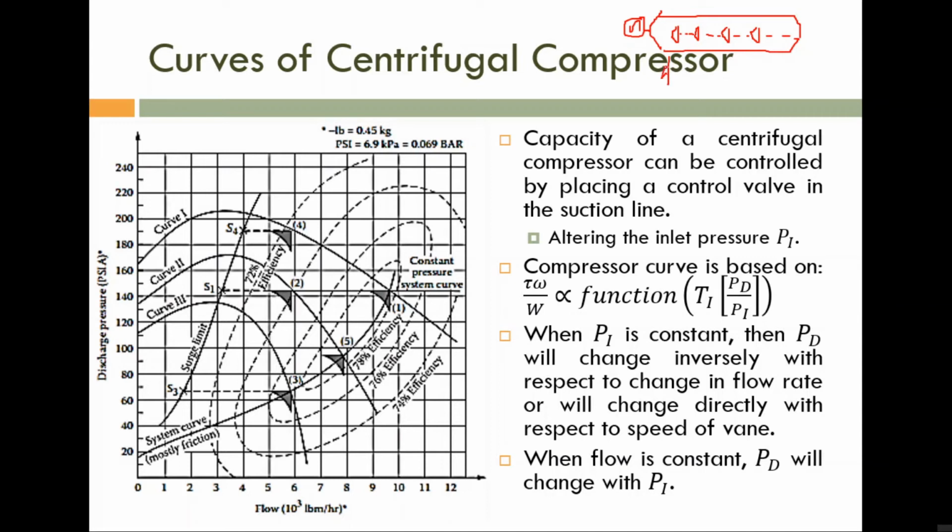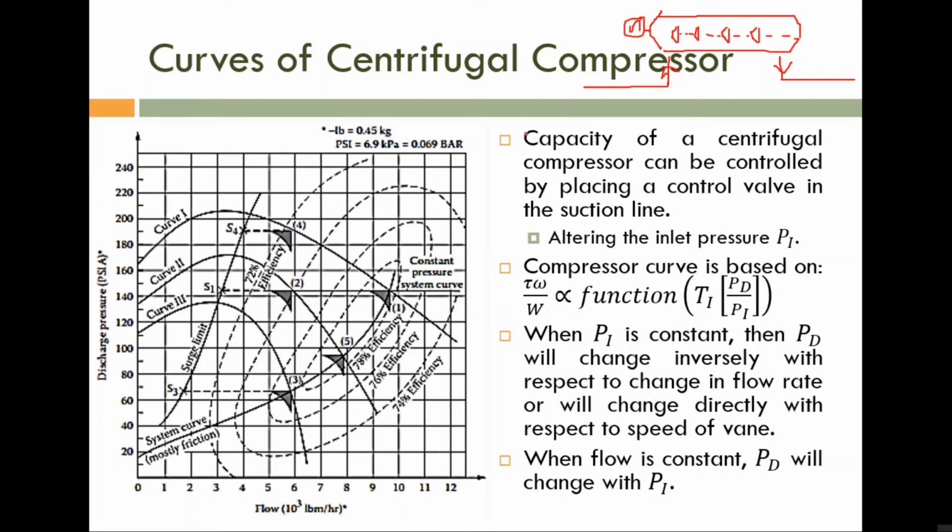Here you have the inlet line, here you have the discharge line. This left side is the suction line, and this one is the discharge line. So now, I told you we can control the capacity of the centrifugal compressor either by throttling the suction line or by throttling the discharge line.